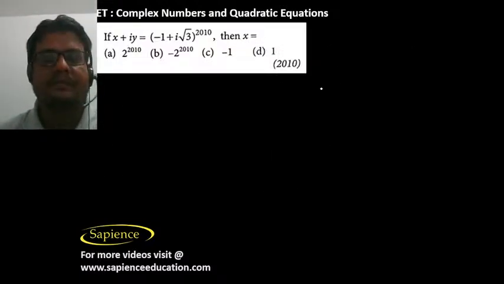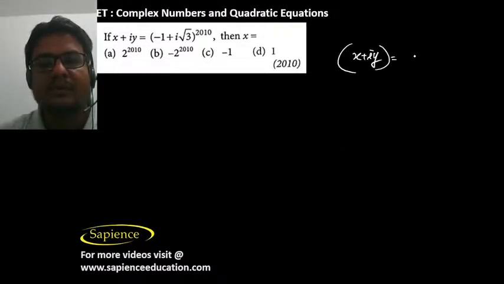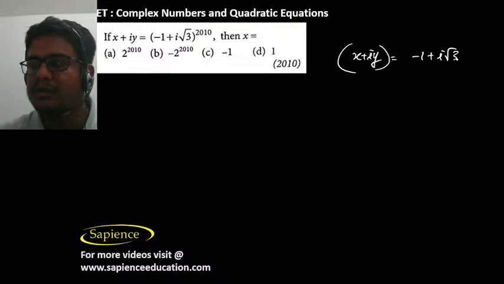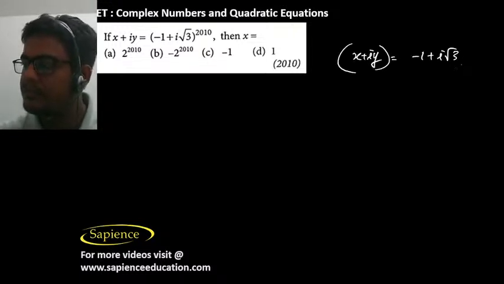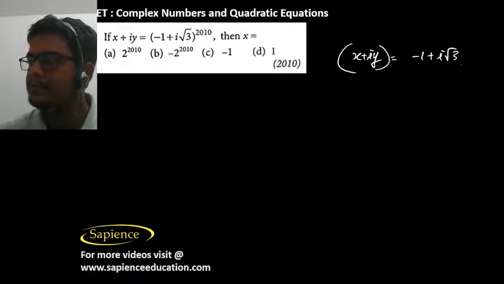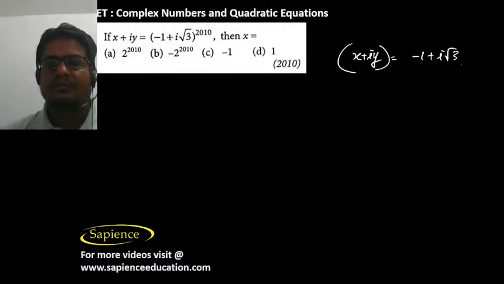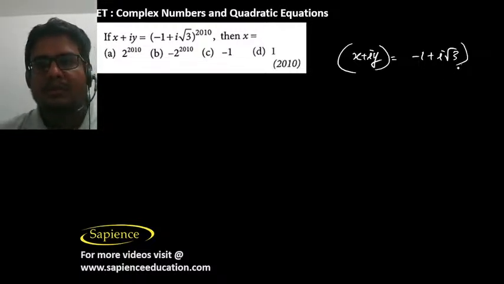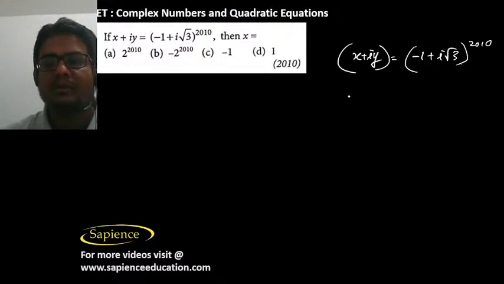Okay, then it is told that if x plus iy is equal to (minus 1 plus i root 3) whole power 2010, then x will be equal to how much?